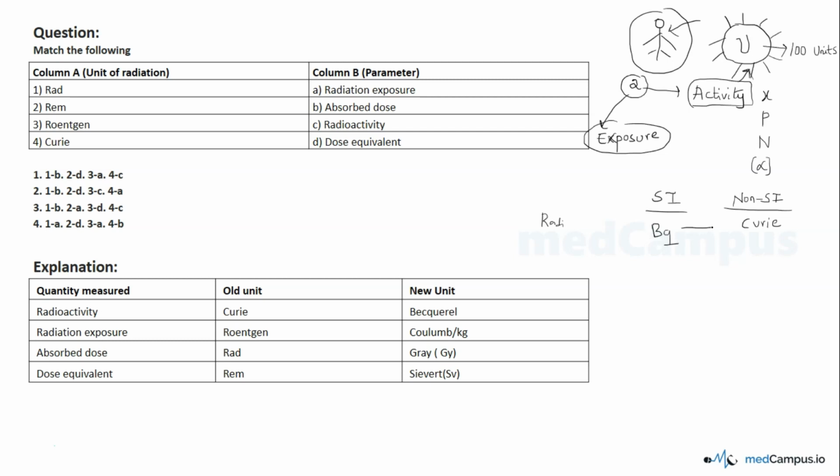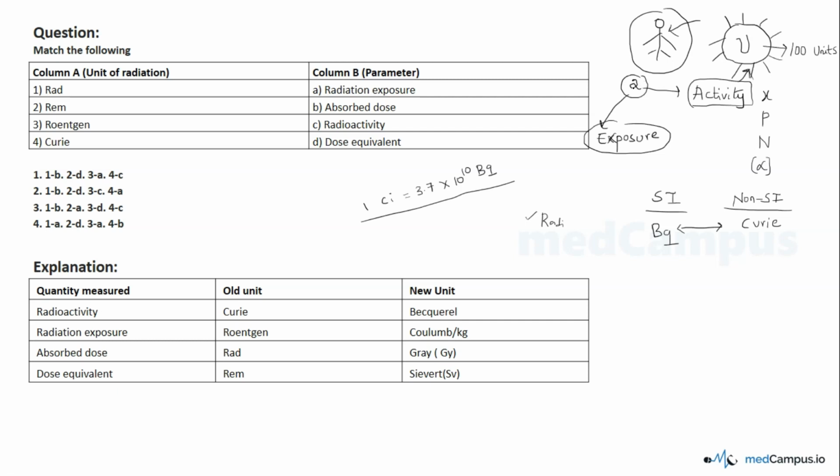So what is the conversion? 1 Curie, or Ci, is equal to 3.7 into 10 to the power of 10 becquerel. Hope you're getting my point. So we are done with radioactivity.